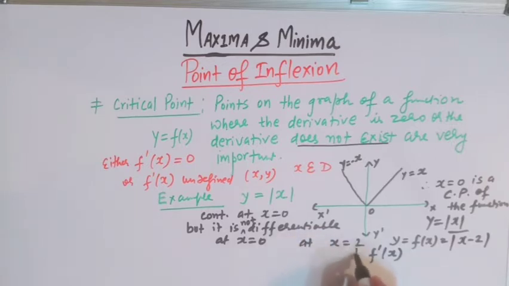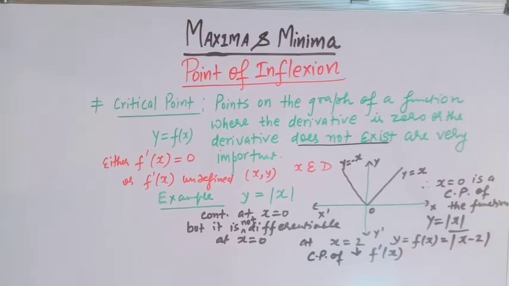So therefore x equal to 2 is a critical point of this function, right? So we can say that the critical points occur when the first derivative is 0 or it is undefined.